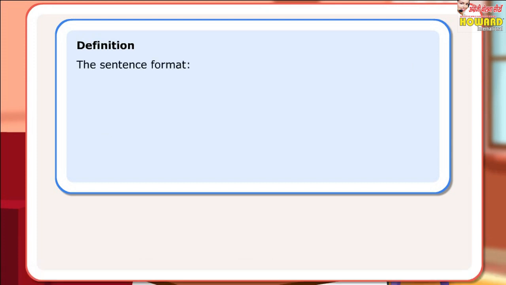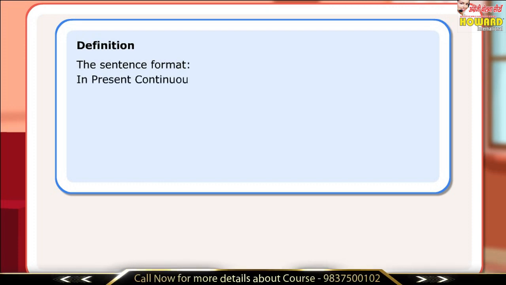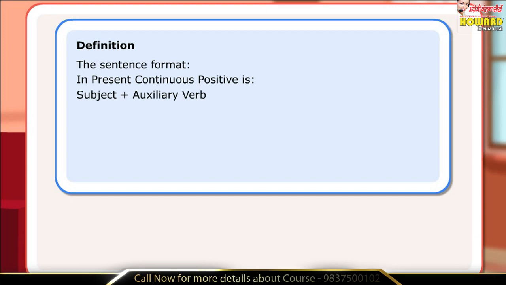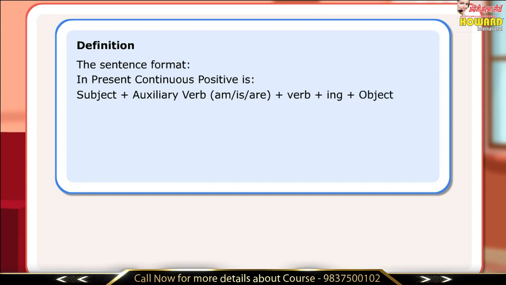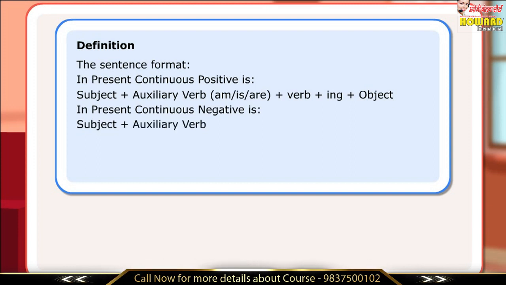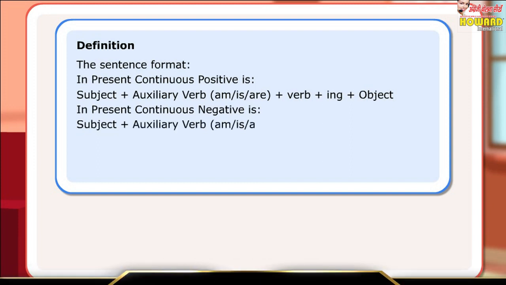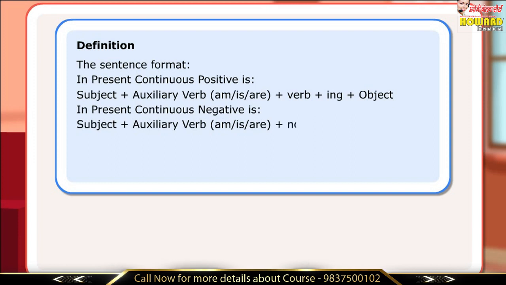The sentence format. The present continuous positive is subject plus auxiliary verb, am or is or are, plus verb plus ing plus object. The present continuous negative is subject plus auxiliary verb, am or is or are, plus not plus verb plus ing plus object.